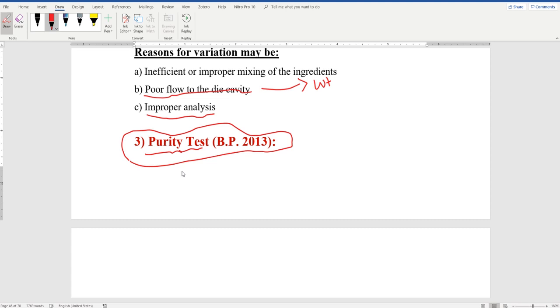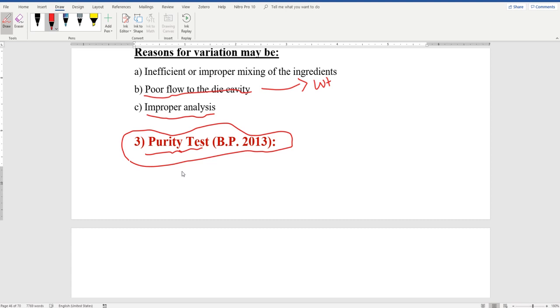For example, let's say you want to prepare Panadol tablets. So in order to do that, you need to order paracetamol or acetaminophen powder from another company. So when this company brings you the powder, before you use the powder, you should check it.